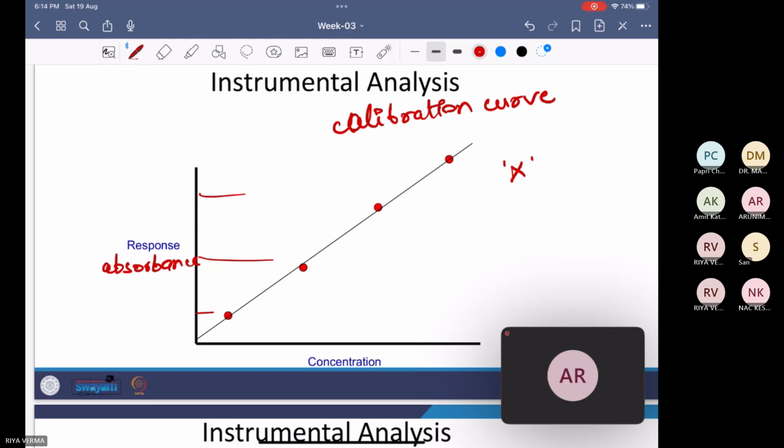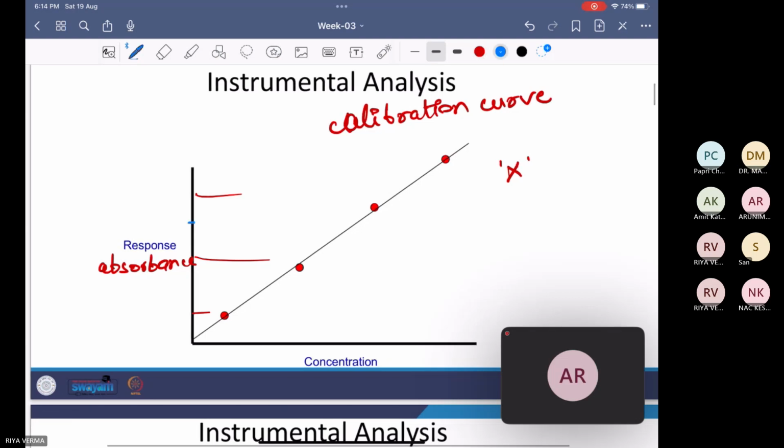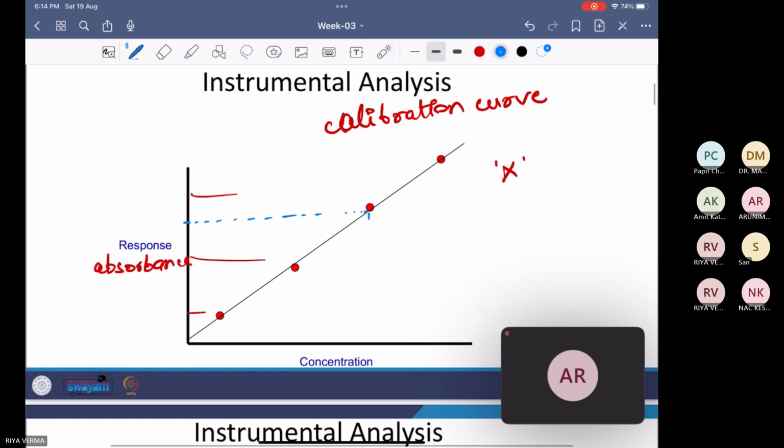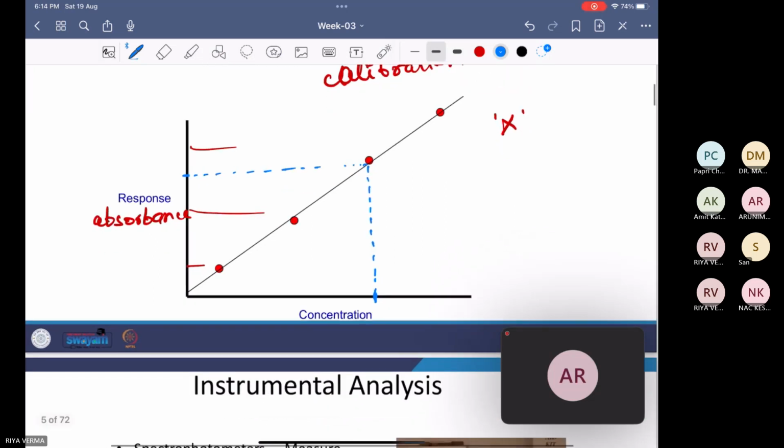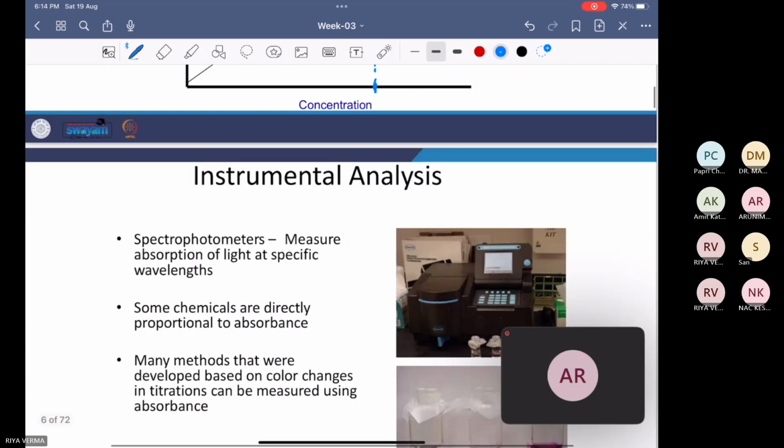Let us say its absorbance comes out to be this much, so we just try to find out the X value, and this will be the concentration of the pollutant in this sample X. So this is how the calibration curve works.